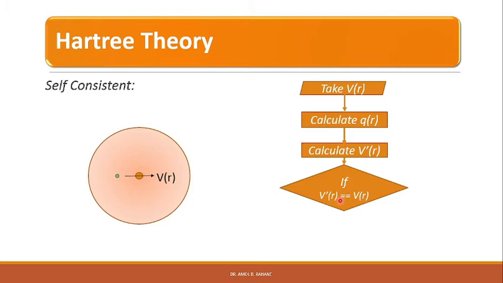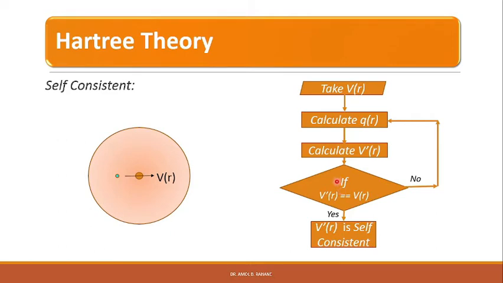If it is equal to the initial net potential, we can say that the potential with which we started is self-consistent. If it is not equal to the initial potential, then we again calculate the charge distribution from the new potential, and we repeat all the steps until we get the self-consistent potential. So this is the Hartree theory.